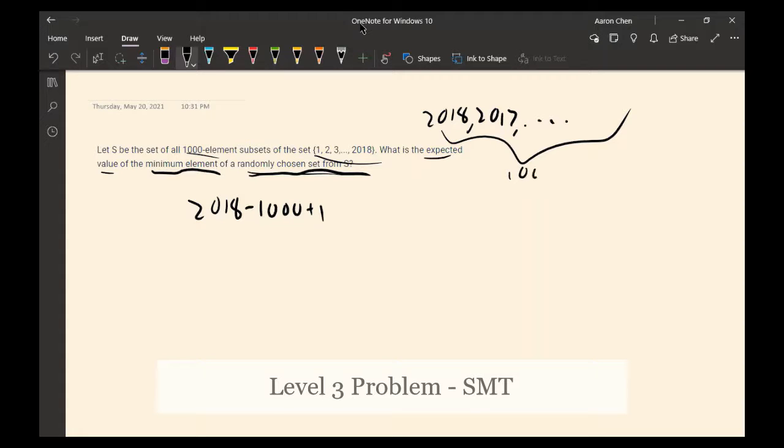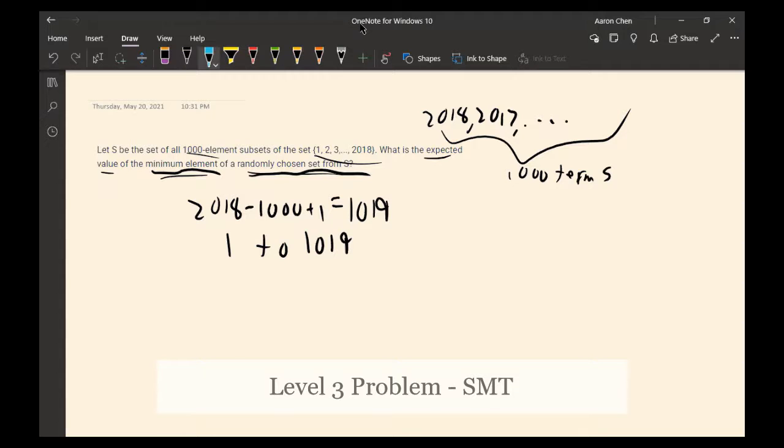And this would have 1,000 terms. And so if we calculate this, we find that this is equal to 1,019. And so that means that the possible minimum elements range from 1 to 1,019.